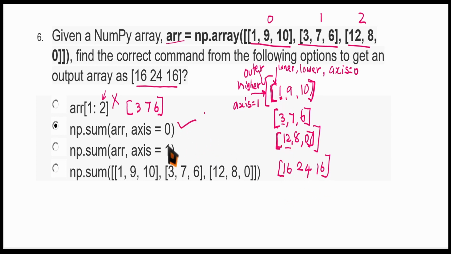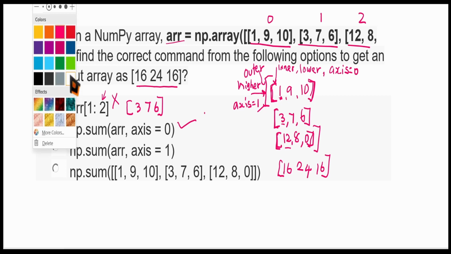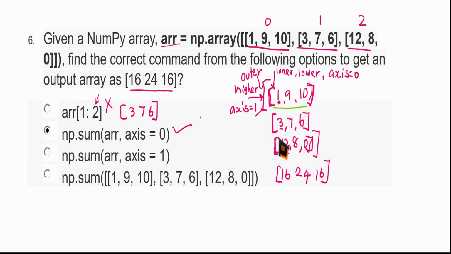This is correct. Now in the next option, np.sum array axis 1. Axis 1 is this one. Below that you have the elements. These are the elements. This is 1, this is 1, this is 1. So these elements should be added.